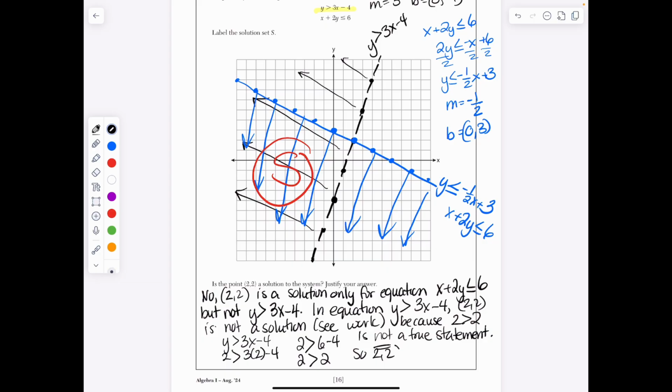So 2 is not a solution to the system of inequalities.